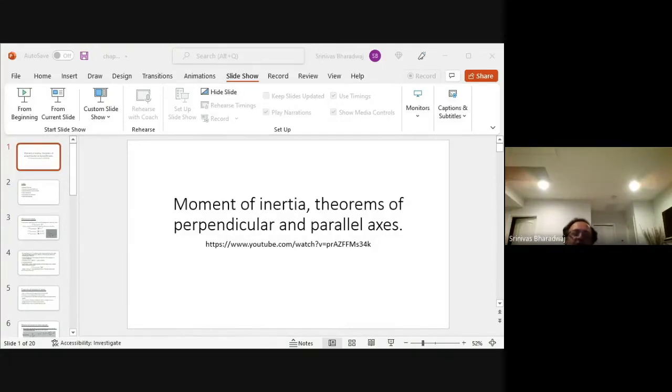So each mass has m times l by 2 the whole square, mr square, right? There's a mass here of m, mass here of m, so now m times l by 2 the whole square plus m times l by 2 the whole square, ml square by 2.